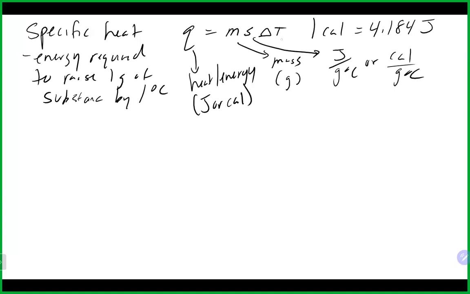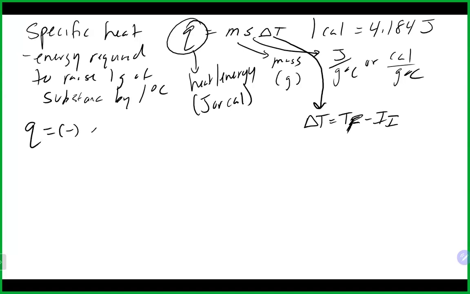And remember, it's really important in this equation that the delta T is always your final minus your initial. And that is because the only way, for example, for us to get a Q that is negative has to do with the temperature part. So you just don't want to take the difference. You want to take the actual final minus initial. And that's because if Q is negative, it's exothermic.